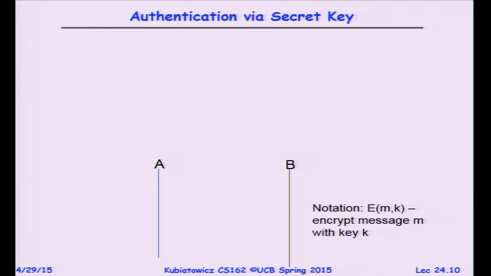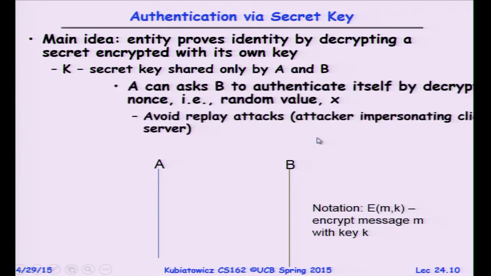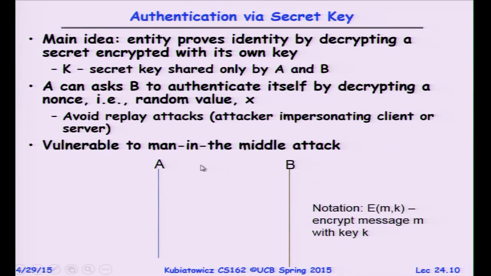Okay. So how do we use this for something interesting, like let's authenticate to prove who we are? So the main idea is that an entity proves who they are by using this secret key K shared by A and B. And so what we could do here is that A is going to ask B to prove to A that B is B. So A is going to send a message to B where they pick a random number X called a nonce.